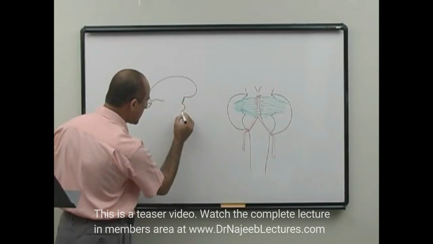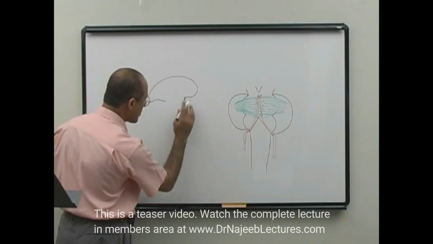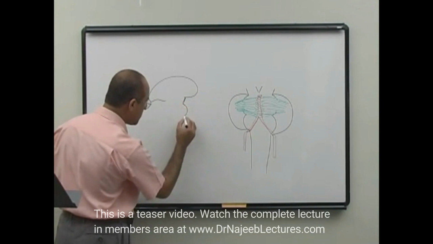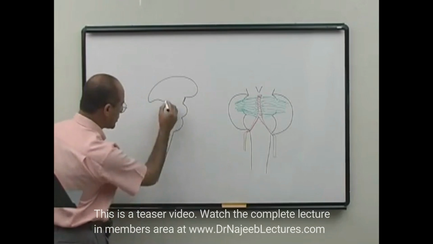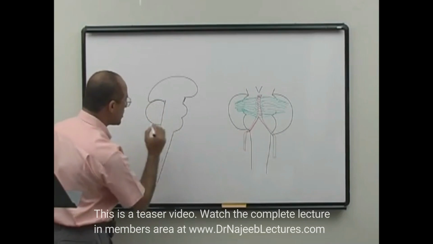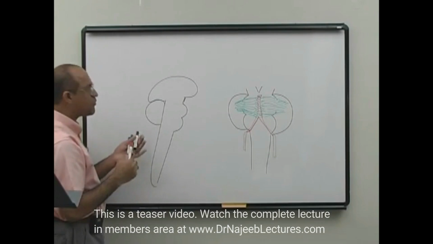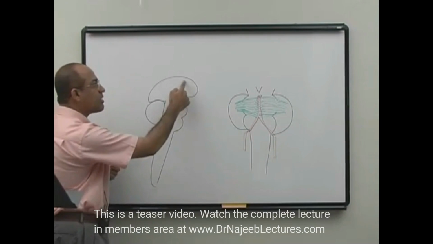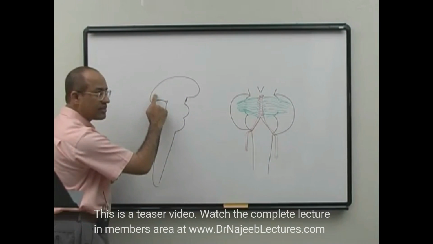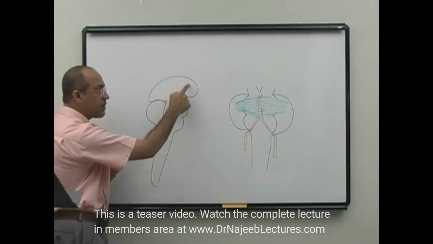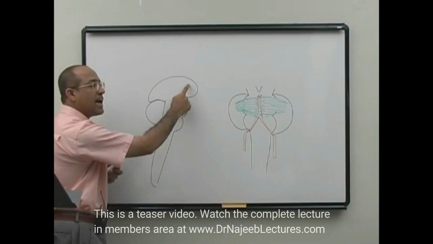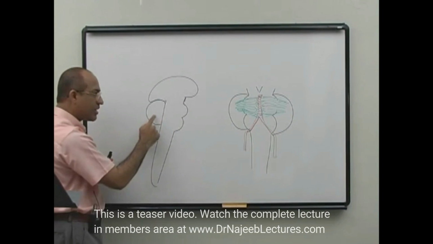Cerebrum. What is this? Midbrain, pons, medulla, structures going down. Now listen carefully. Actually, a lot of fibers from the cerebral cortex, this is cerebrum, this is cerebellum. Cerebral cortex needs to have connections with cerebellum.